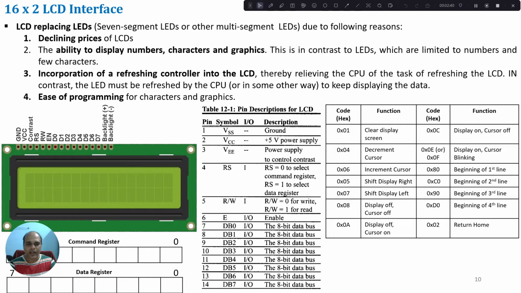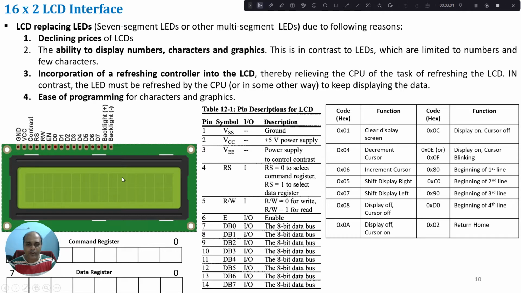What is a command? A command is nothing but certain initialization information we need to specify before sending data. Something like whether I want to display my character on the first row or on the second row, and if it is on the first row, in which position we have to display our character.